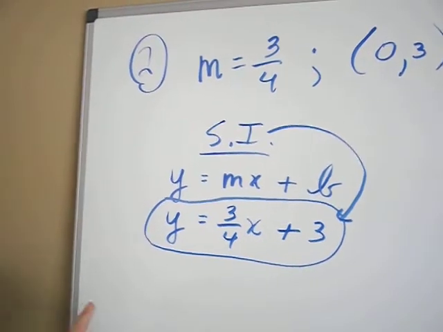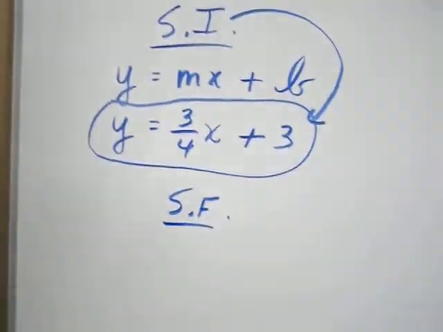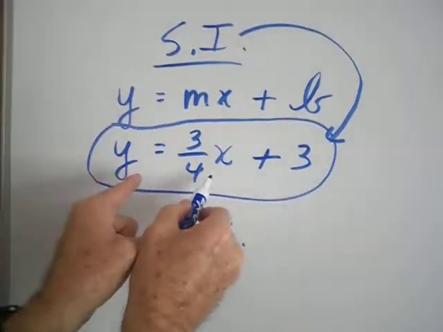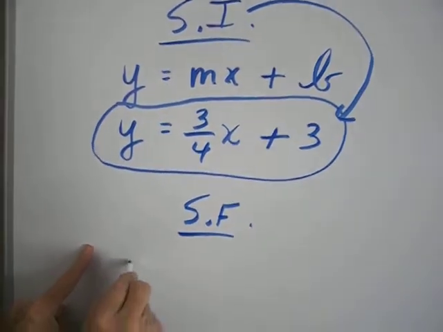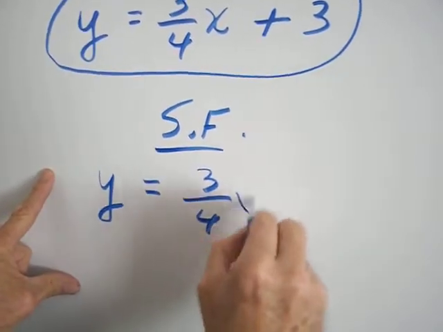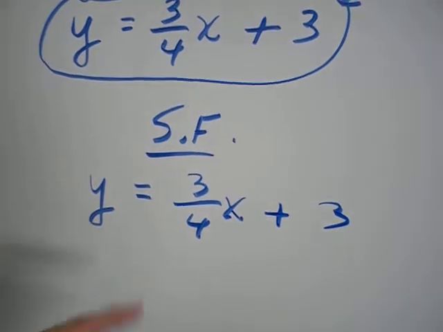Now, SF. Standard form. Begin by bringing down this equation that's in SI. It's the only one that we have to work with. Now let's get it into standard form.